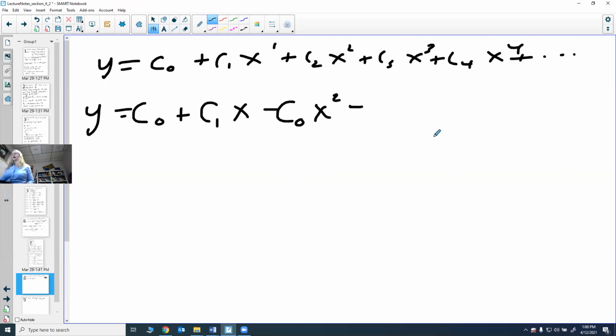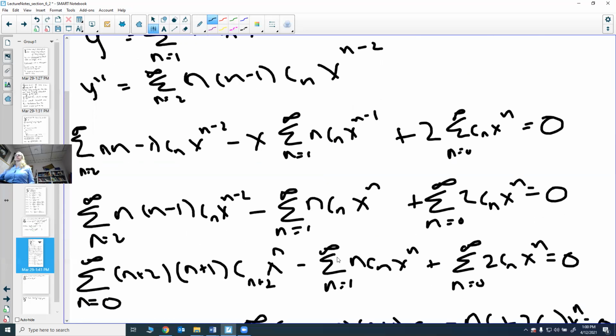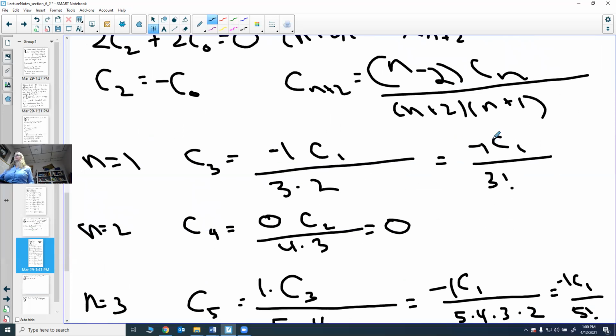C3, we just found out was negative 1 over 5 factorial. Sorry, let me go back and look at what I had. I always forget from one page to the next.